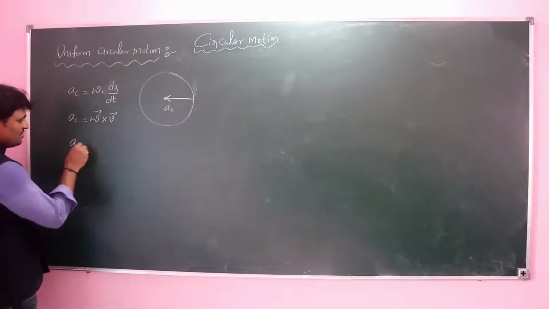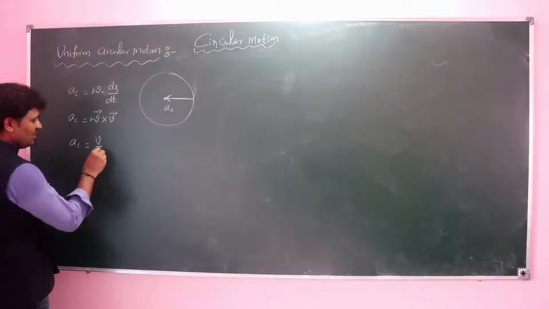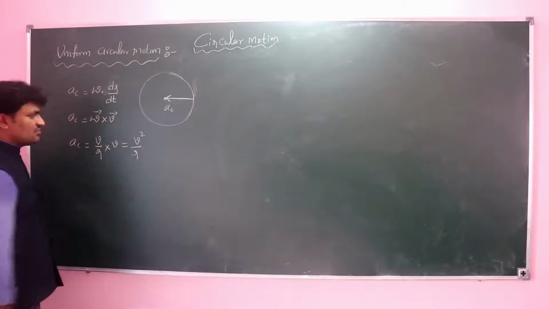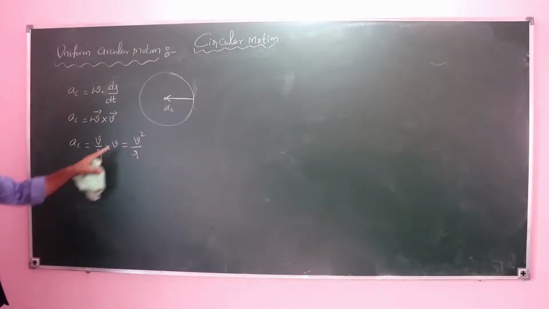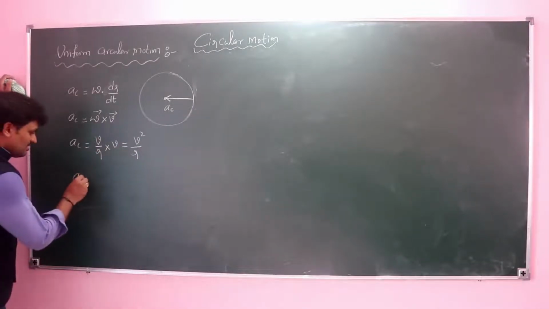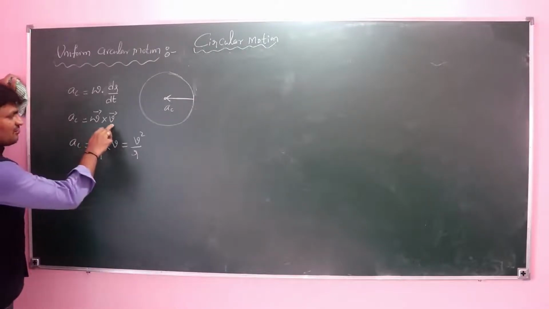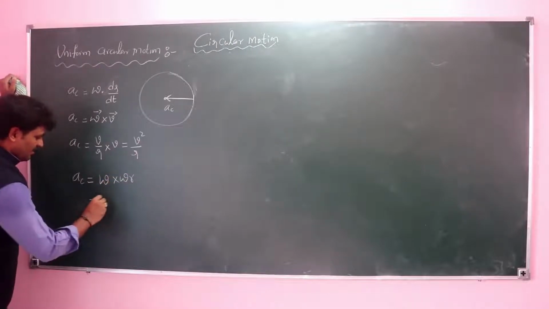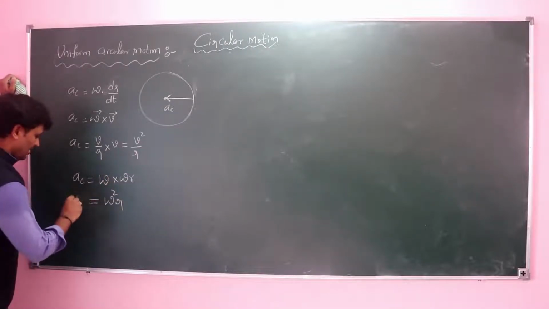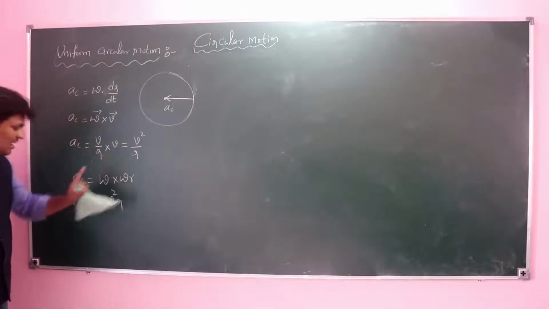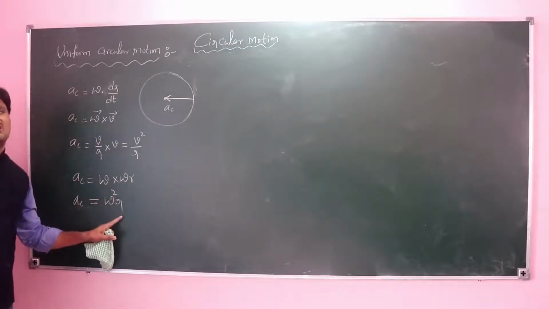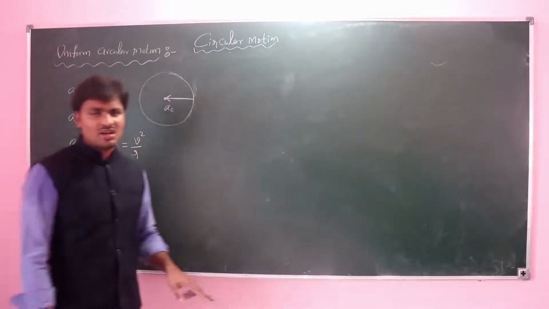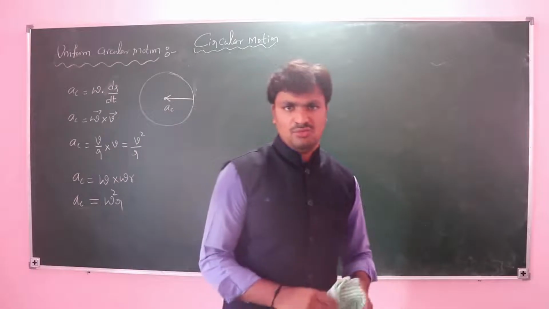If we simplify this expression, omega is equal to v by r, times v, so the total equation goes to v square upon r. Centripetal acceleration is v square upon r, or else, in place of v writing r omega, omega into r omega gives omega square r. The centripetal acceleration is v square by r or omega square r. This is a possibility in circular motion, especially in uniform circular motion.